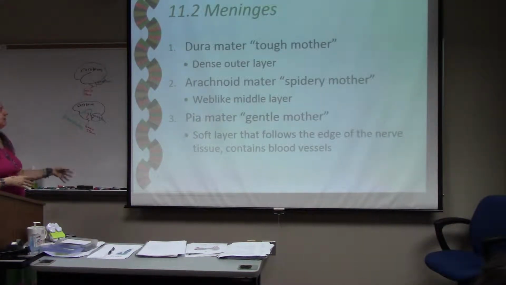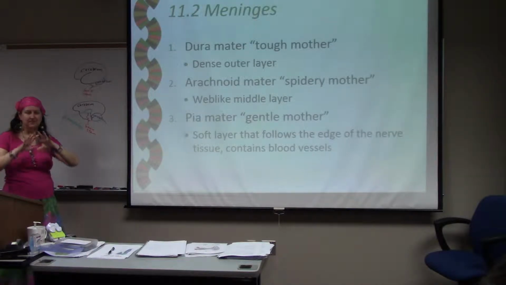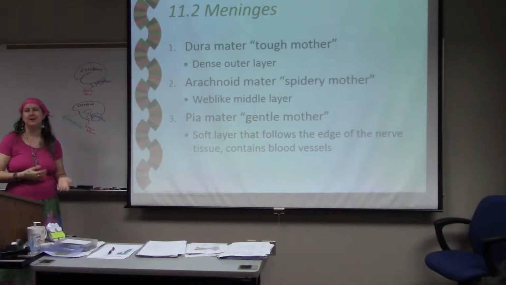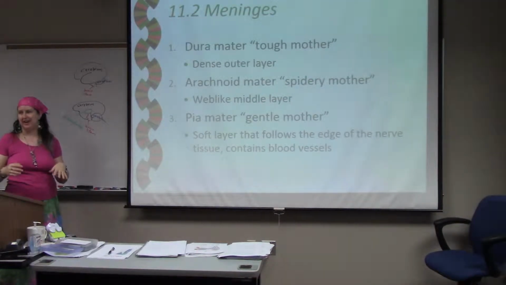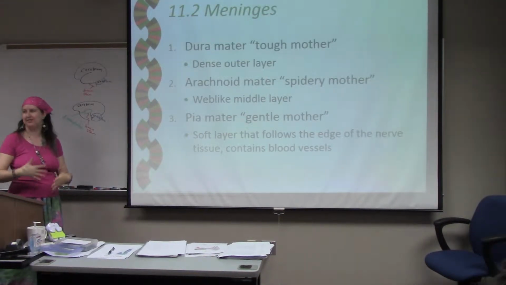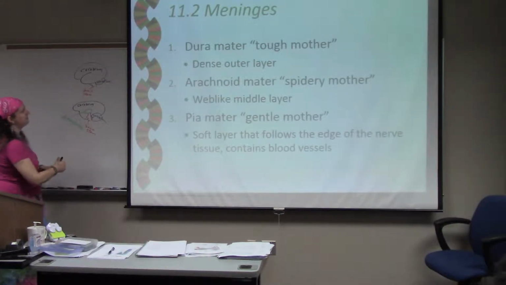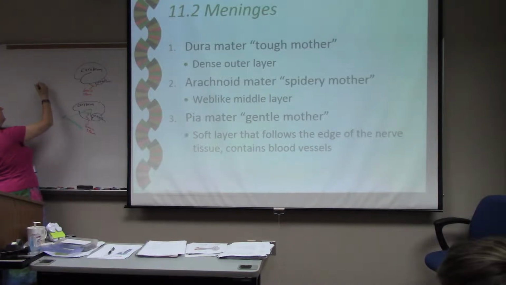The meninges are layers of membrane around the central nervous system. This is what the dorsal cavity has in place of the ventral cavity's serous membranes. They are easiest to see on a spinal cord section.